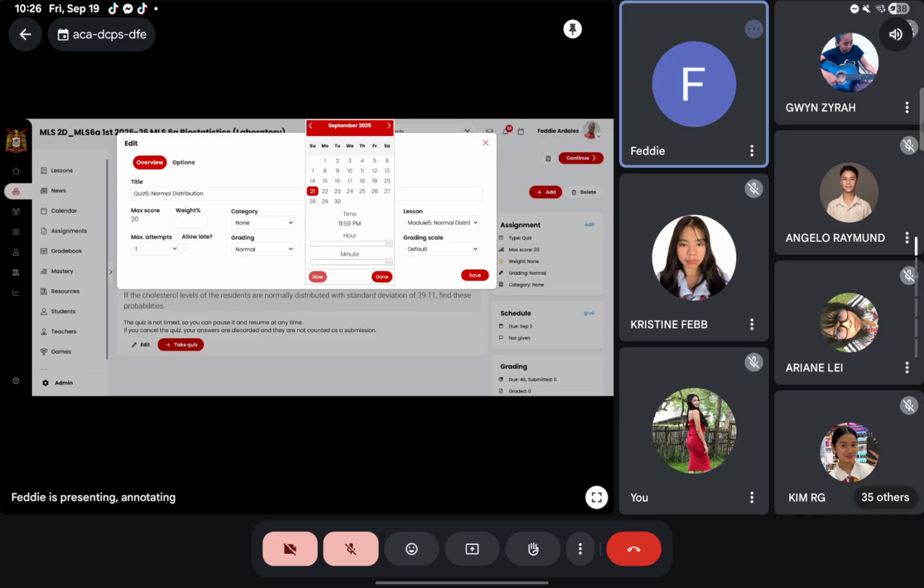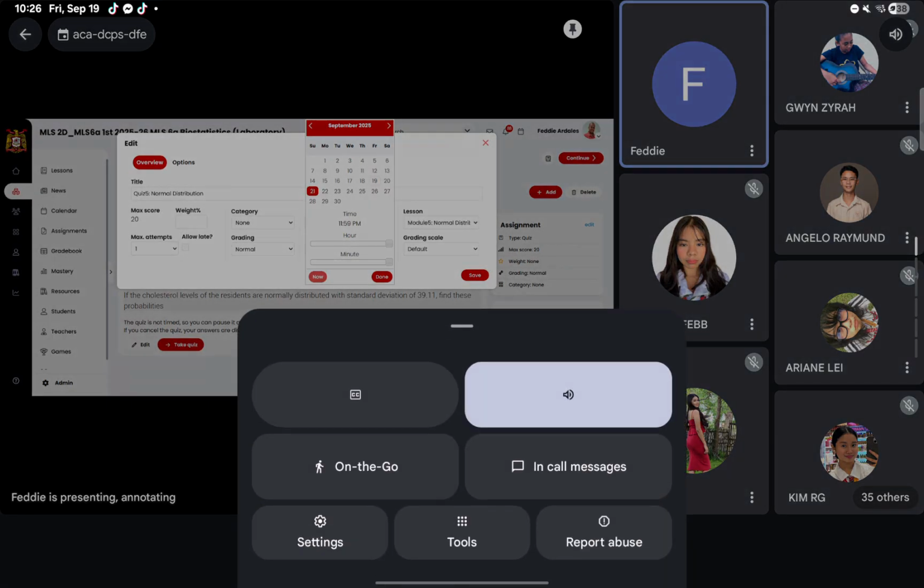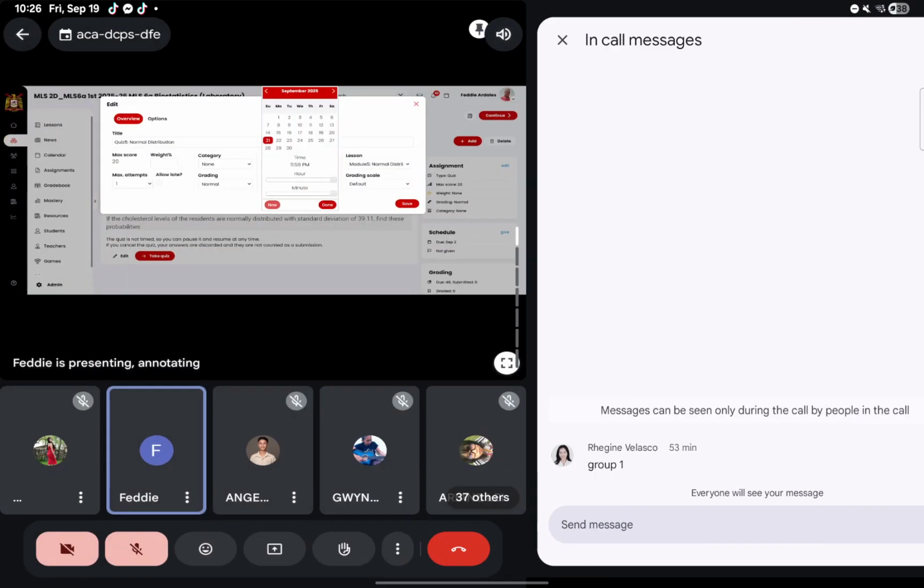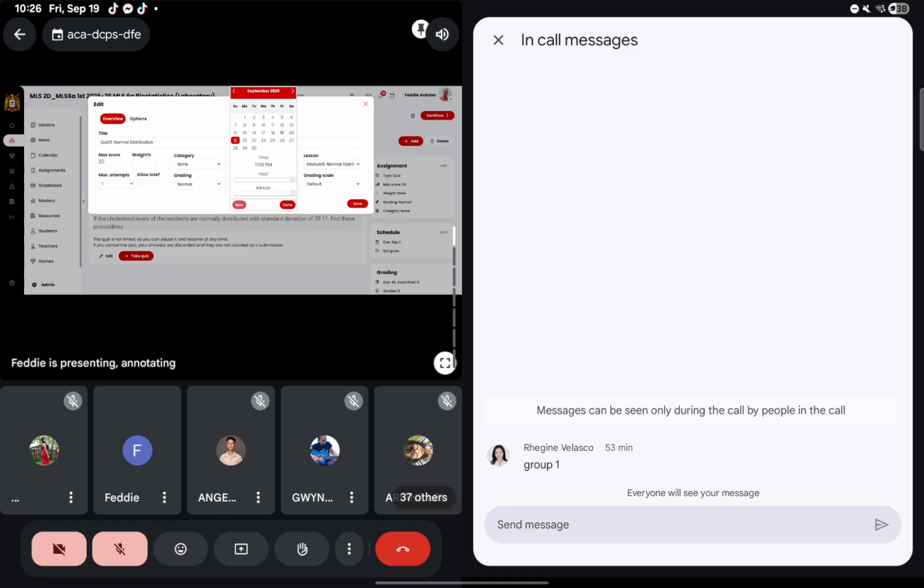Any suggestion for the date of the deadline of our activity?